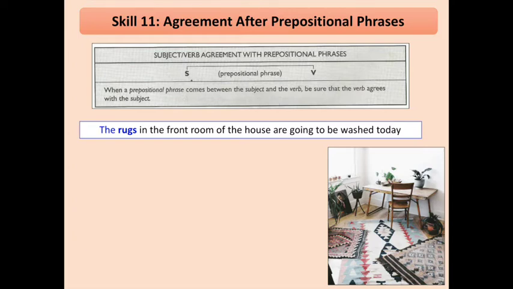Then we have a prepositional phrase, in the front room, and then another prepositional phrase, of the house, and then our verb, are going to be. The subject and the verb are separated by two prepositional phrases, but they still agree. The rugs are going to be washed.